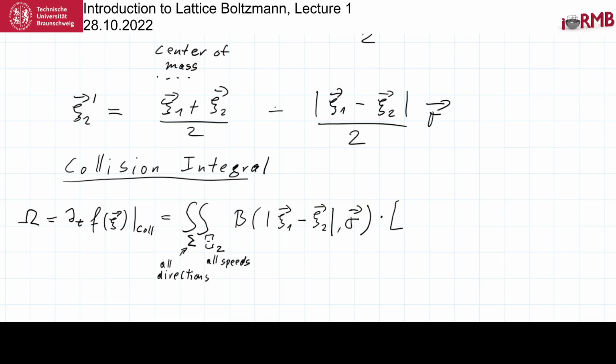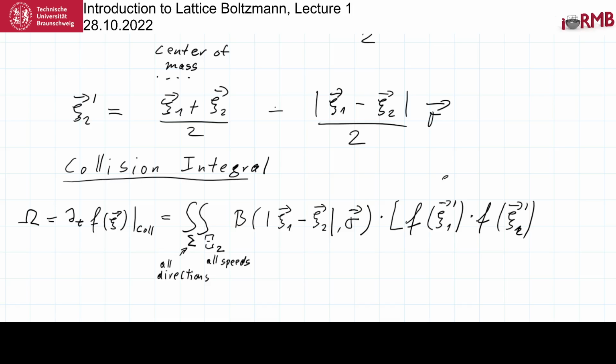And I write the outgoing ones first: f1 outgoing times f2 outgoing. I write these first because they emerge through collision, so they are positive.